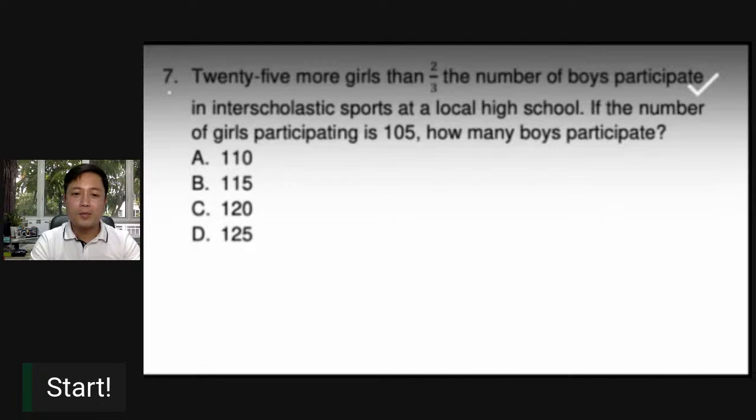All right, so far we have answer is letter C.